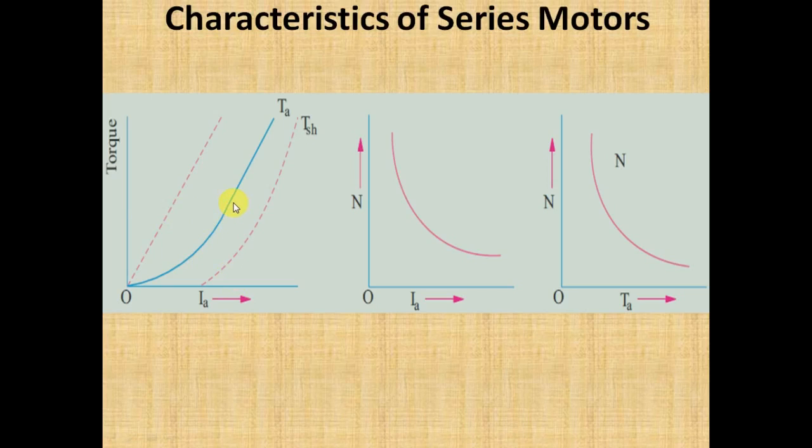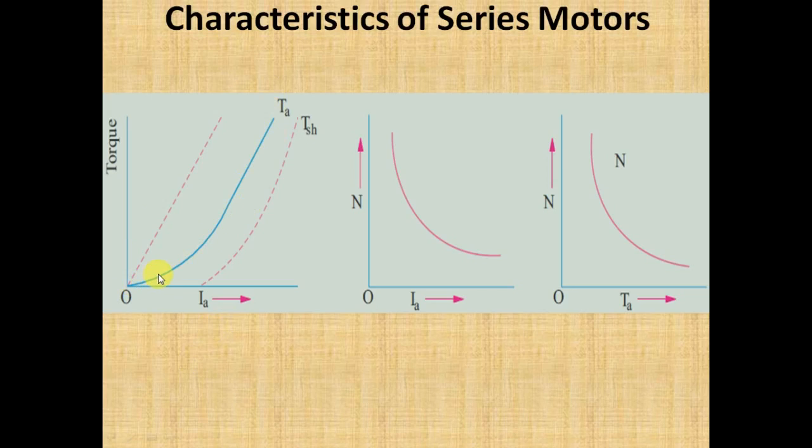Once the magnetic saturation is achieved, the magnetic flux will not have any dependency over the armature current. That is, the armature torque will have dependency only over the armature current, that is TA is directly proportional to Ia alone. Therefore the characteristics between the armature torque and armature current will have a linear shape.